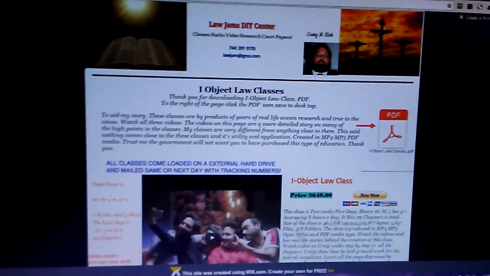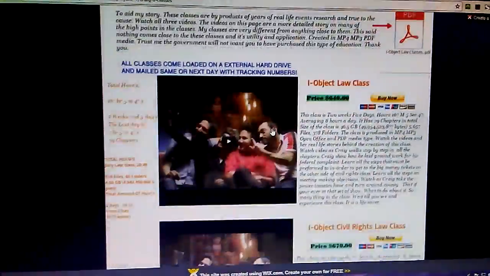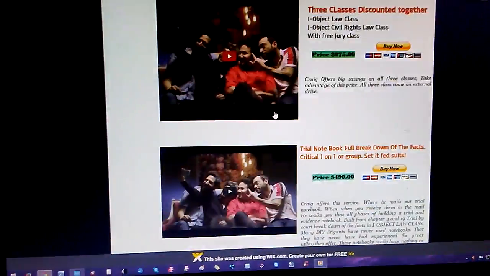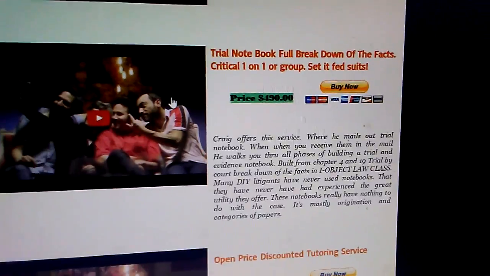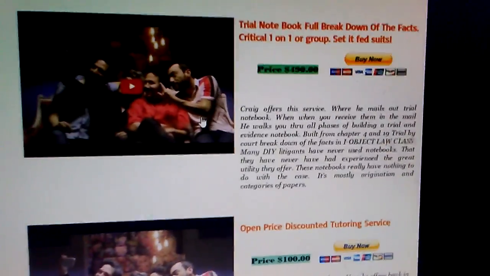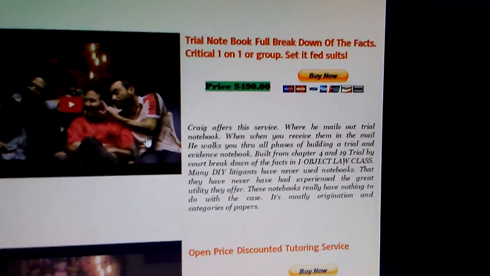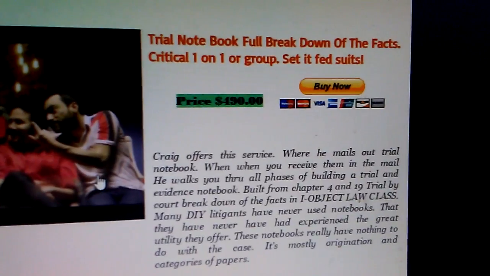So right here, we're on the Law Jams website. And we're going to go down to the bottom here. Let me scroll back up here. I missed it. Trial notebook portion.